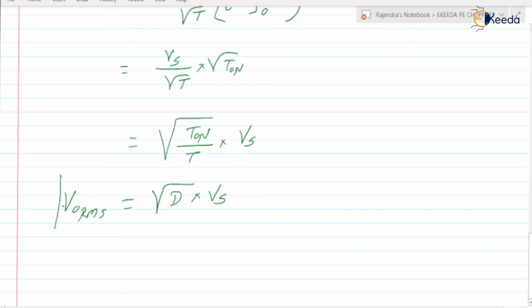RMS value of load voltage. Is this clear?